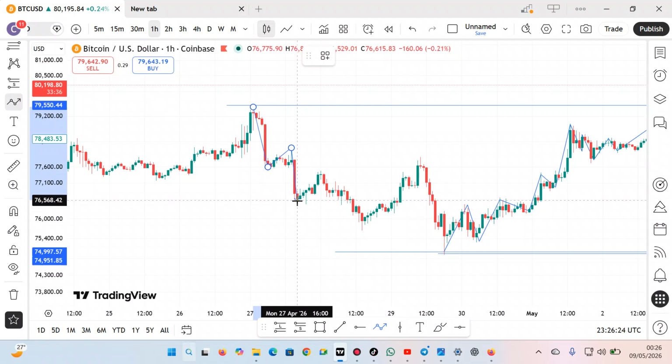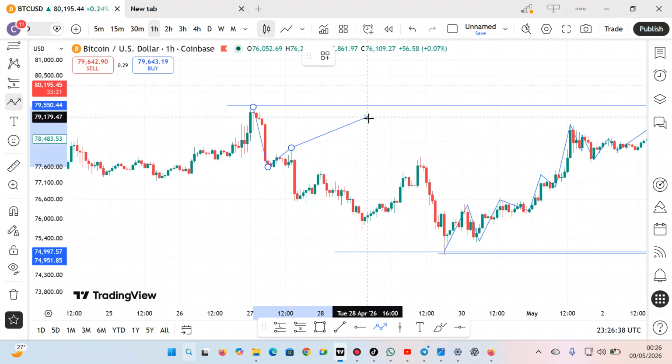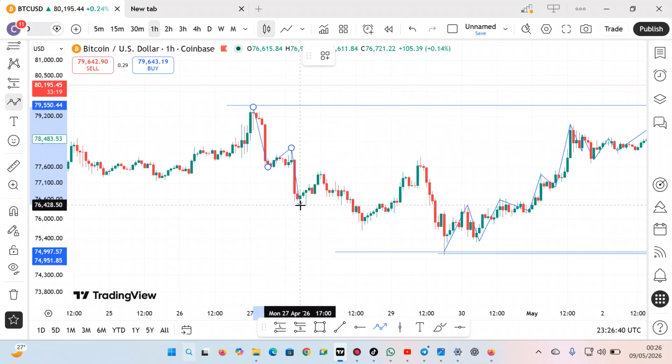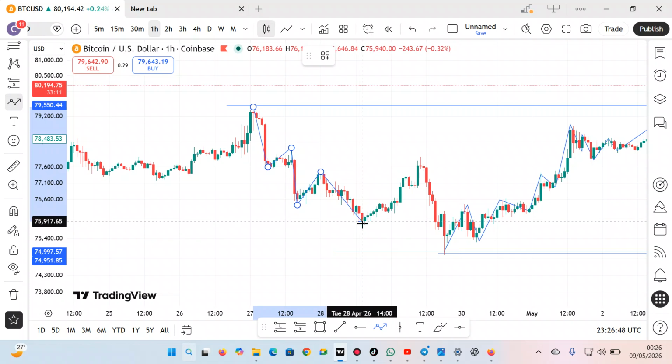This low, if the market is bearish, is expected to take out the previous low. This was the previous low, and this is the current low. The market took out the previous low. After taking it out, it created a higher low. After creating a higher low, it created a lower low.